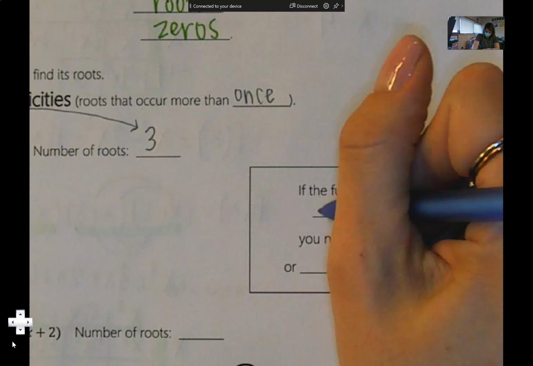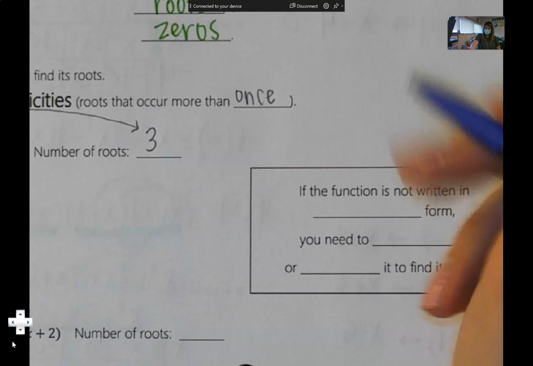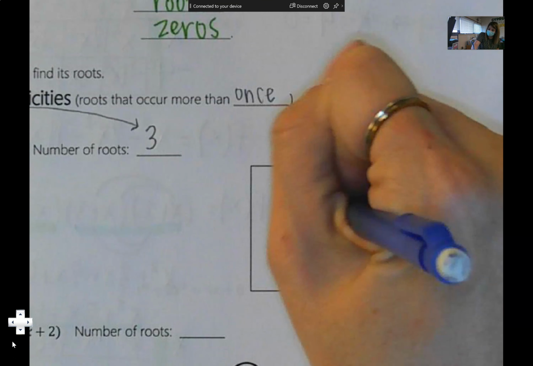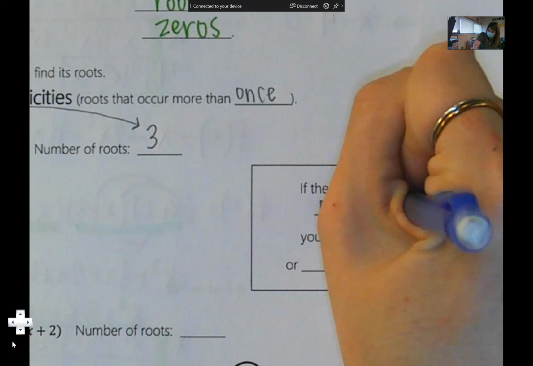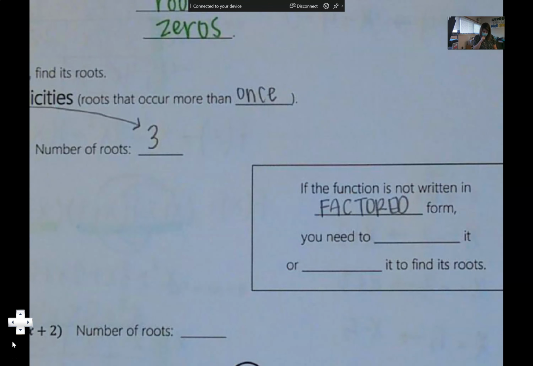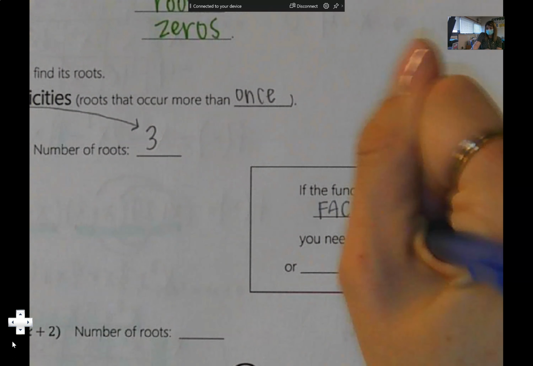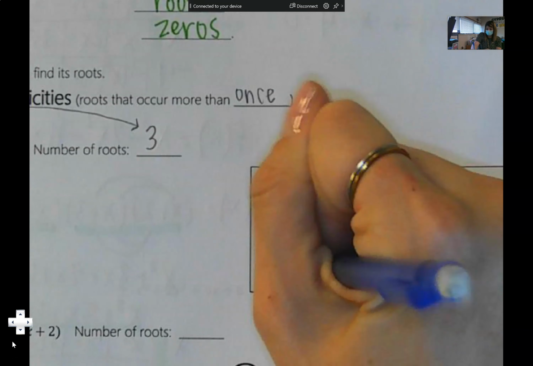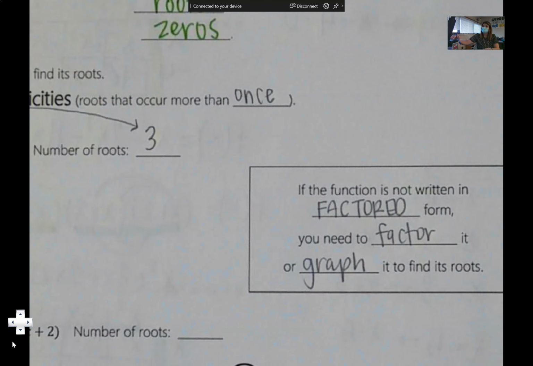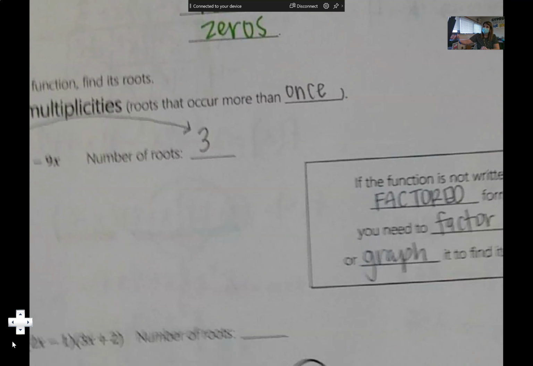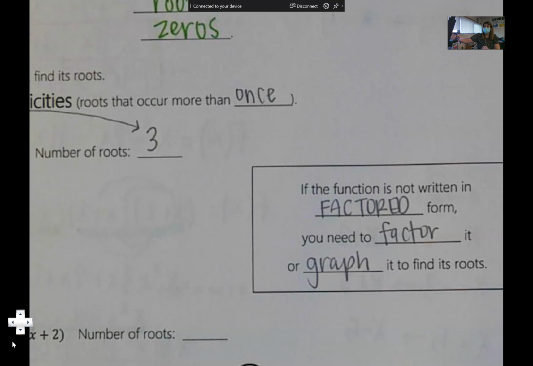Over here, we can fill this out. If the function is not written in factored form, you need to factor it or graph it to find the roots. So if it's not in factored form, you have to factor it or graph it.